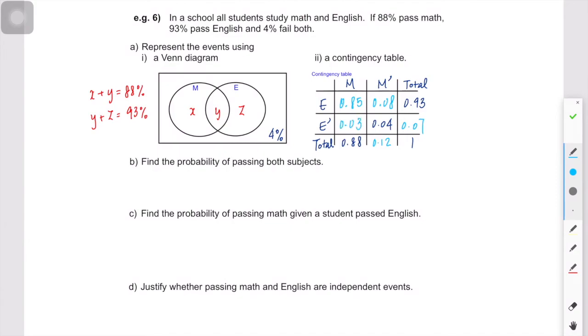Part B, find the probability of passing both subjects. So from the contingency table, I can easily tell that we're looking at the 0.85 section. So let me write this down.